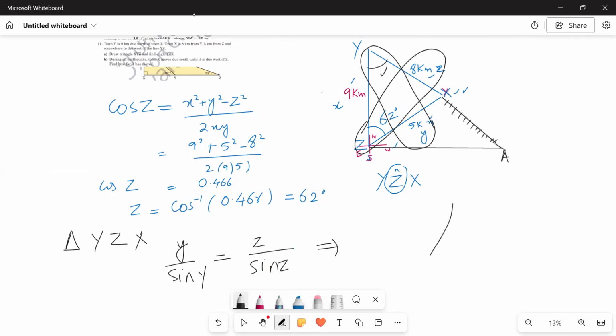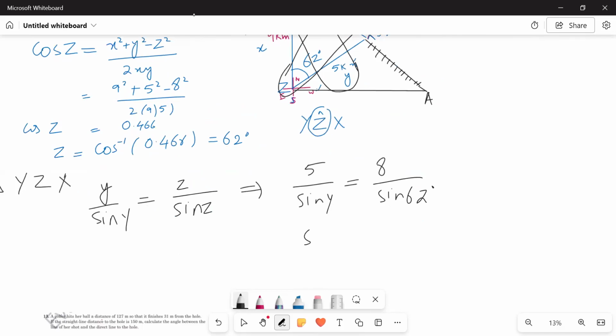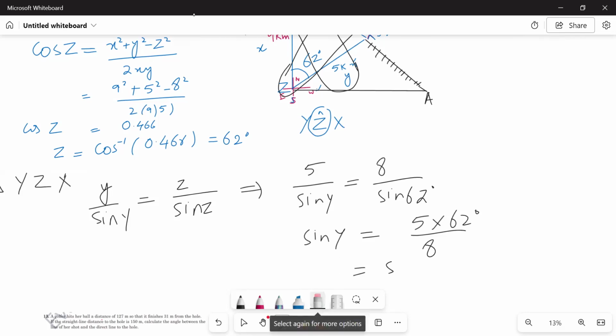Then the y value is 5, sine Y is equal to, the z value is 8 and angle z is 62, right? We can use cross multiplication: 5 multiplied by sine 62 over 8, and then at the end this is capital Y, not small y.